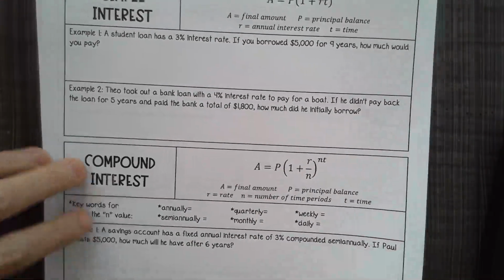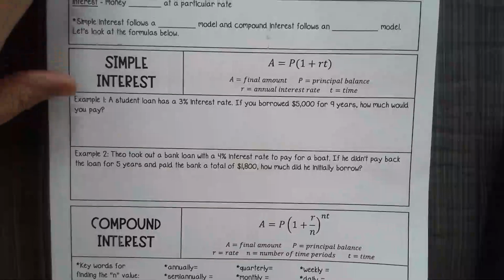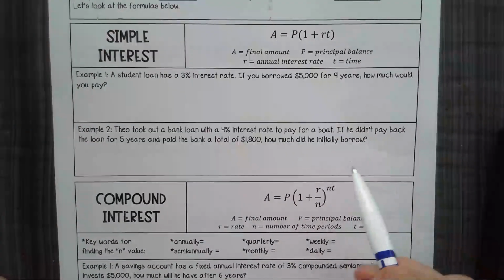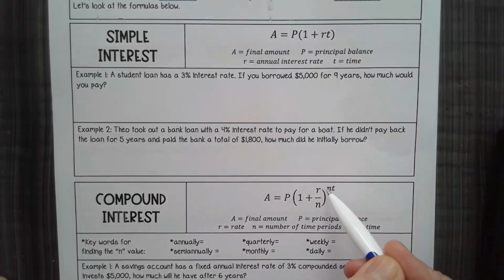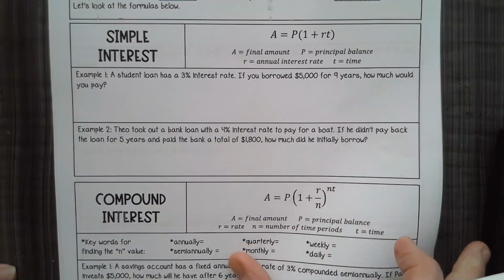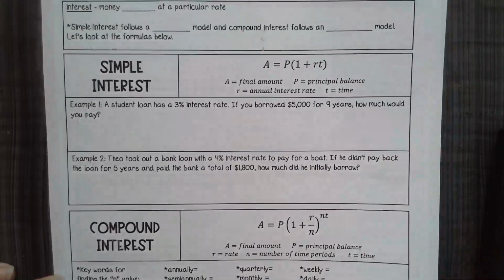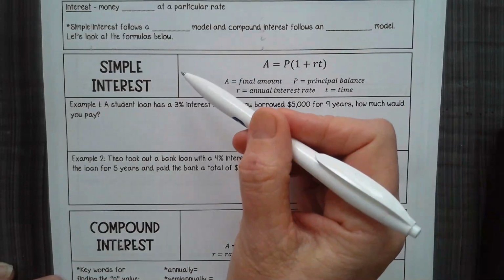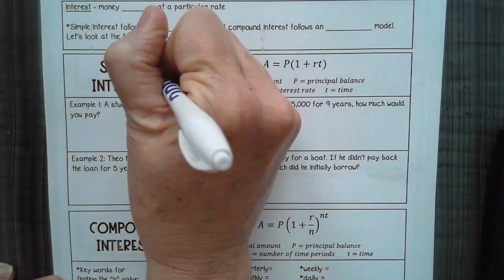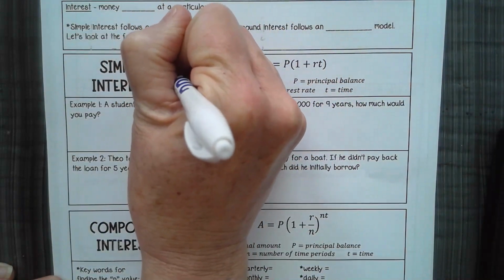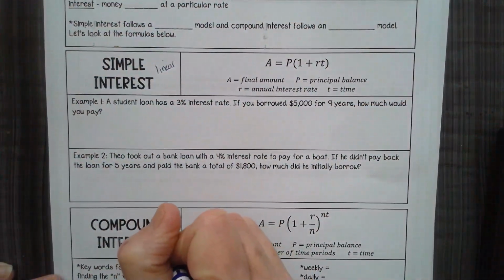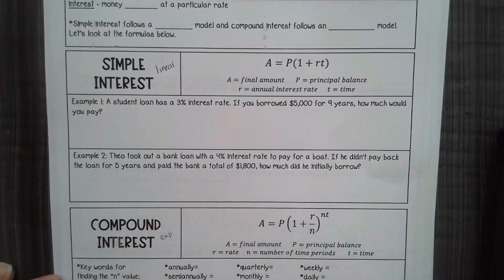So we've got simple interest and we've got compound interest, and if you'll notice, the compound interest has variables that are exponents or powers, but simple interest does not have a power at all. That's because simple interest follows a linear model and compound interest follows an exponential model.